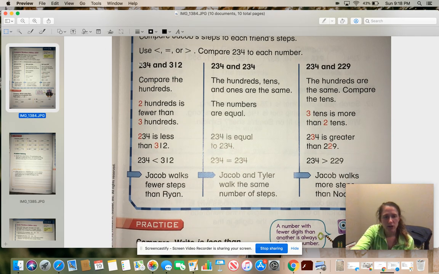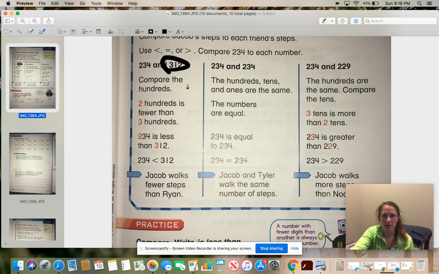So we have 234 and 312. Now we always start in the biggest place value. So with 234 and 312, we always look at the first number, the biggest place. We have a 2 in the hundreds and a 3 in the hundreds. Well, 3 in the hundreds place is going to make the number bigger. So this number right here is the bigger number.